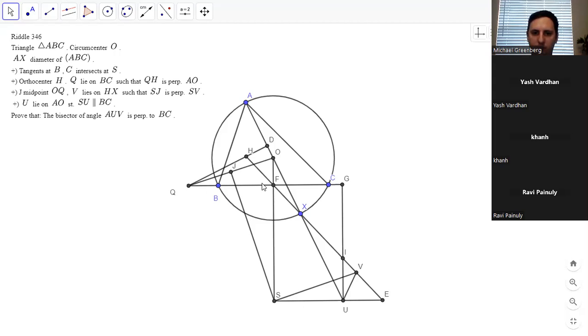So we have this. Yeah, I want to find a triangle that's like similar to UVE. That's my goal. So it has like this angle. I want a triangle that has like this angle and this angle in it.